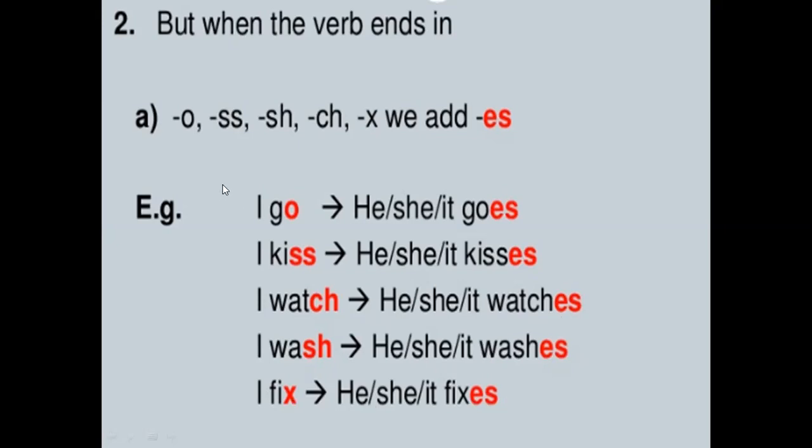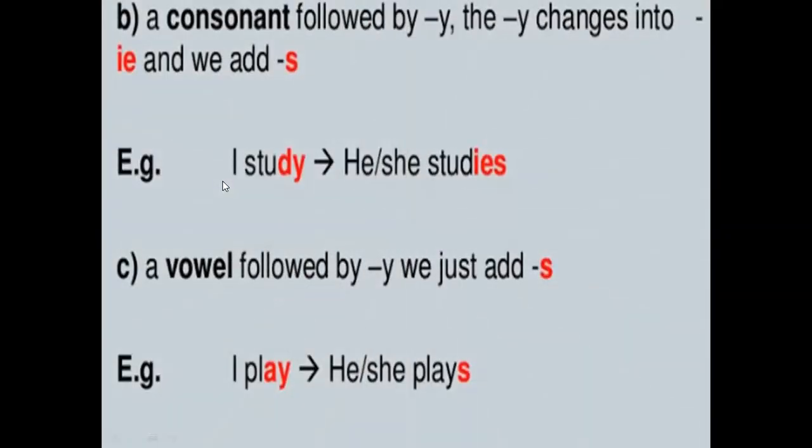Now, a consonant followed by Y changes into IE and we add ES. Say for example, I study. Okay, I study. So D here is a consonant.